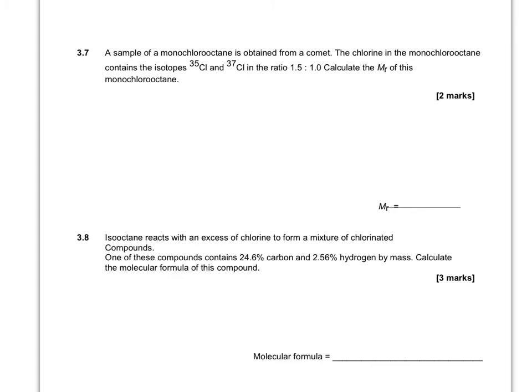Okay, so we know the formula is going to be C8H, normally it would be 2n plus 2, but this one's going to be 2n plus 1, and then a chlorine as well. So 2n would be 16, so C8H17Cl. So we can work out the Mr of the main bit.